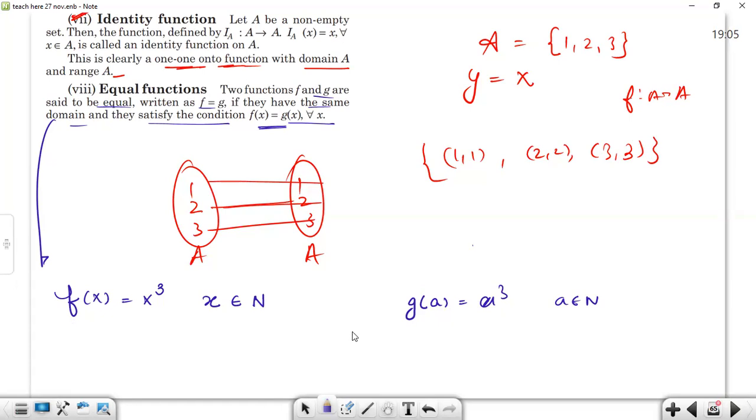Like the letter which we are using to denote it is the only difference. Now f is one function and g is one function. It's just like the letters are different, but their work is the same. The clothes are different.